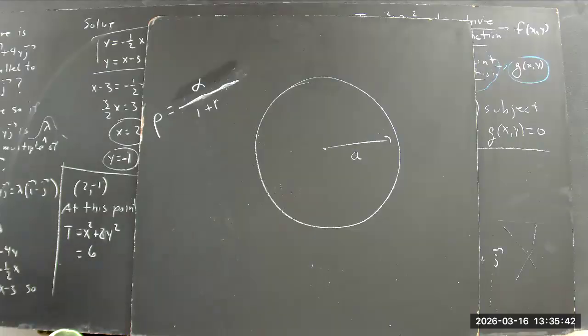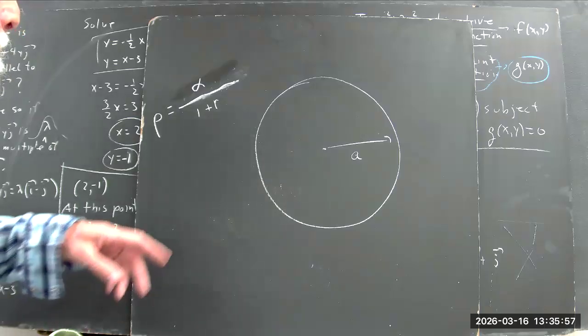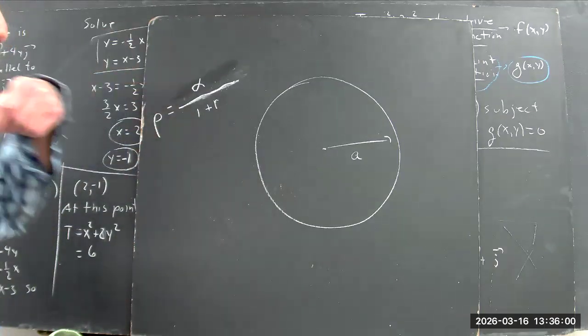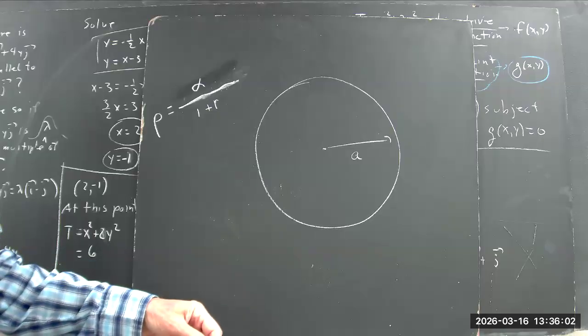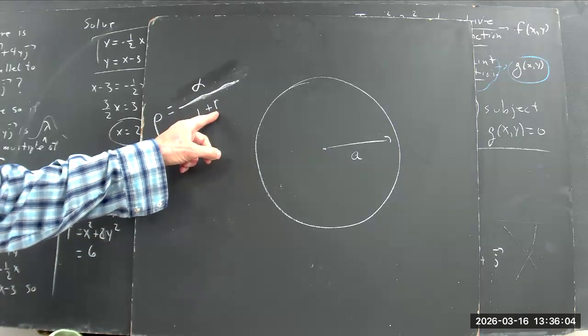How are you going to calculate the flux? Well, first of all, your maximum density is going to be what? It's going to be when R is 0, right?